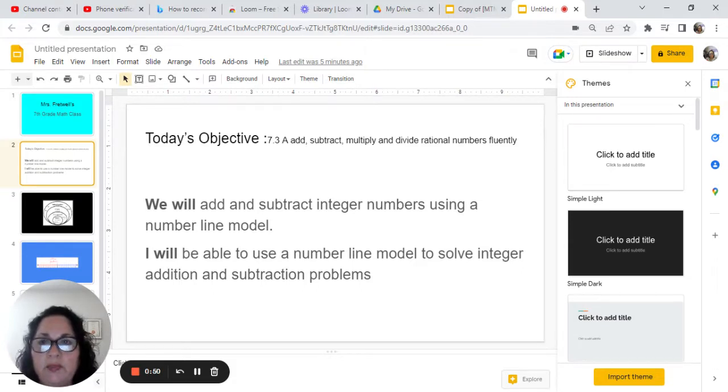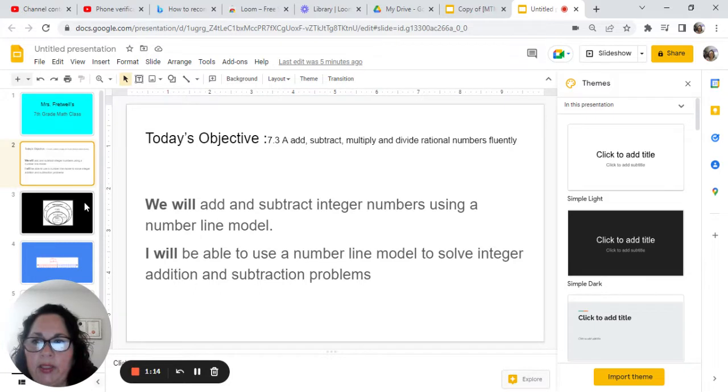By the time class is ended, you should be experts and you should be able to do the I will, which is I will be able to use a number line model to solve integer addition and subtraction problems. Easy peasy stuff. So let's get started.